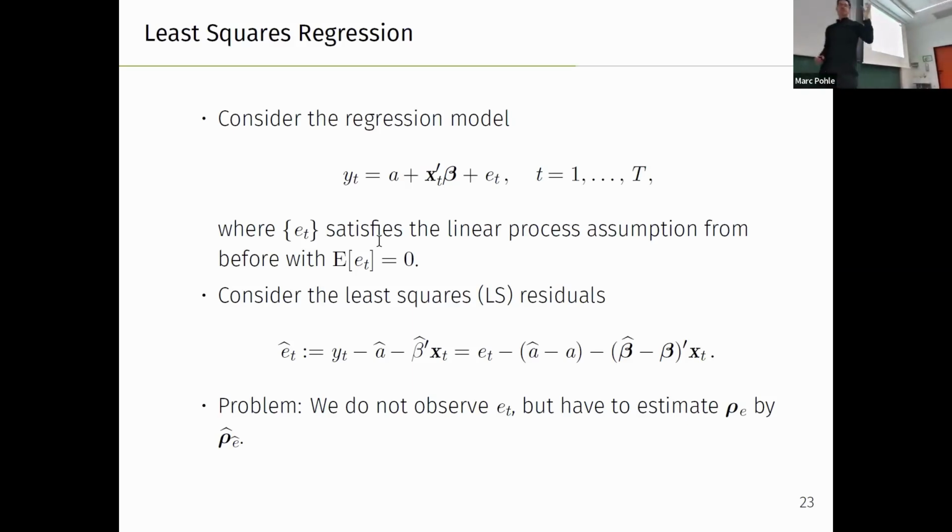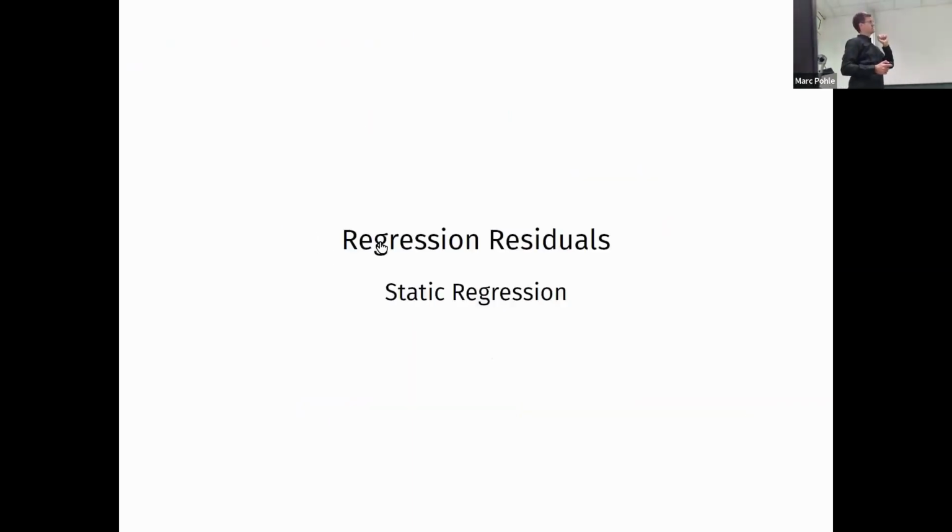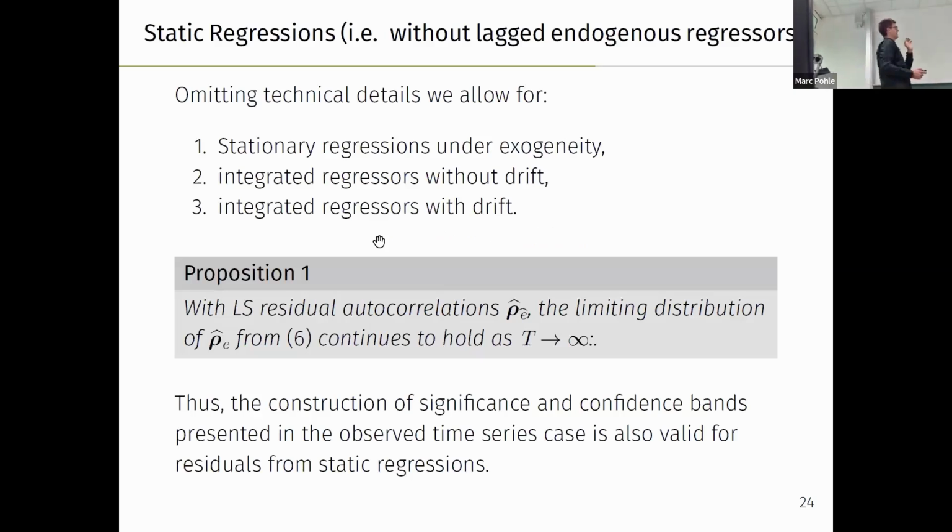And the question is, what is the effect of replacing the true error, an unobserved time series, by the residuals? So the question is about the residual effect. In the case of static regression, it's boring. We can treat the residuals as if we observed the true errors asymptotically.